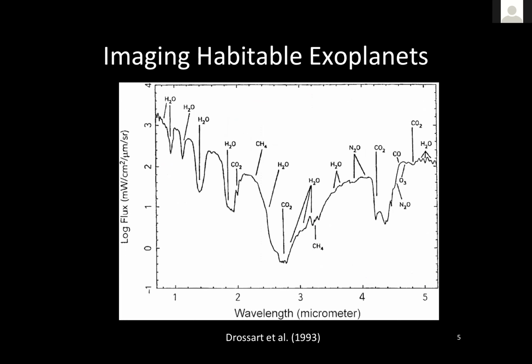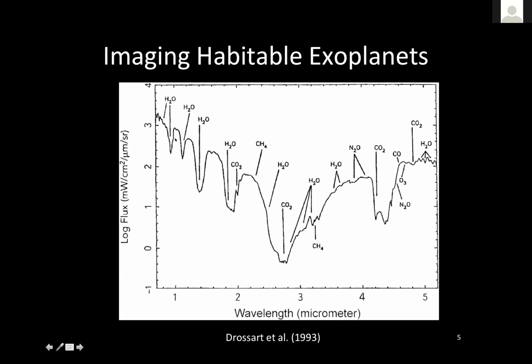As opposed to just detecting a single point source of planet light, to really agree that a planet is habitable rather than just detecting a planet in the habitable zone, there will be a number of different molecular lines or bands or features that will need to be detected for people to agree on that.